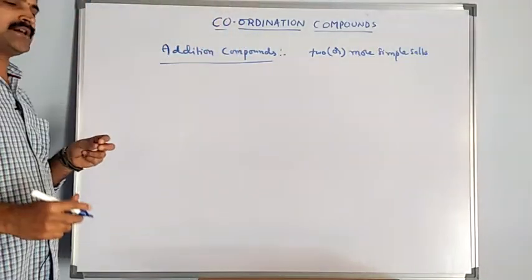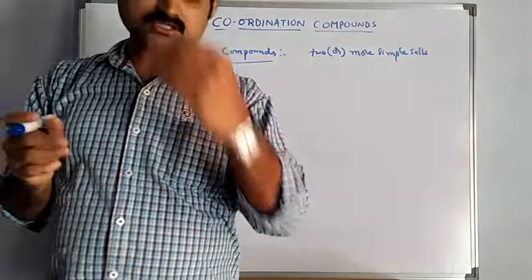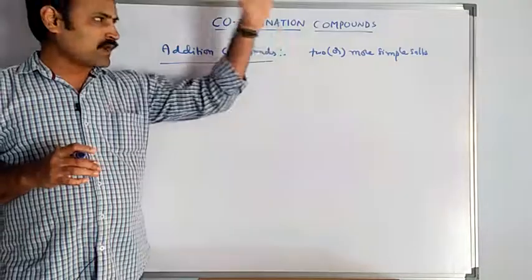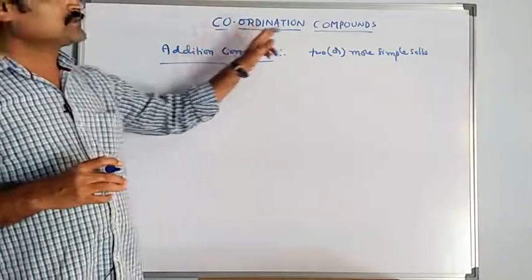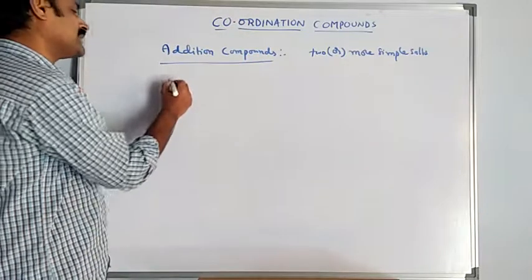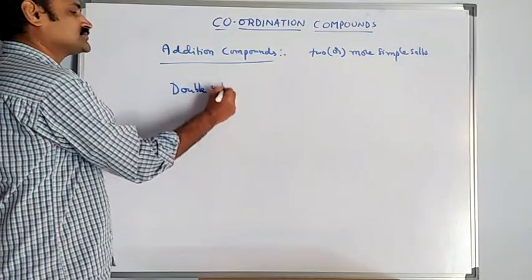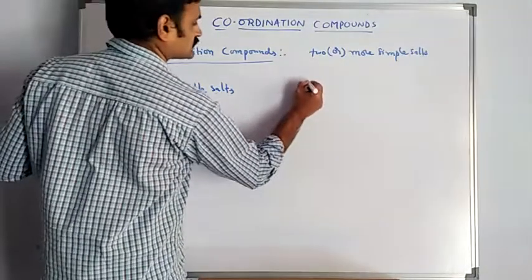Do remember, from this classification of addition compounds, we will be having one kind of compounds that we can also call coordination compounds. One category is called double salts.